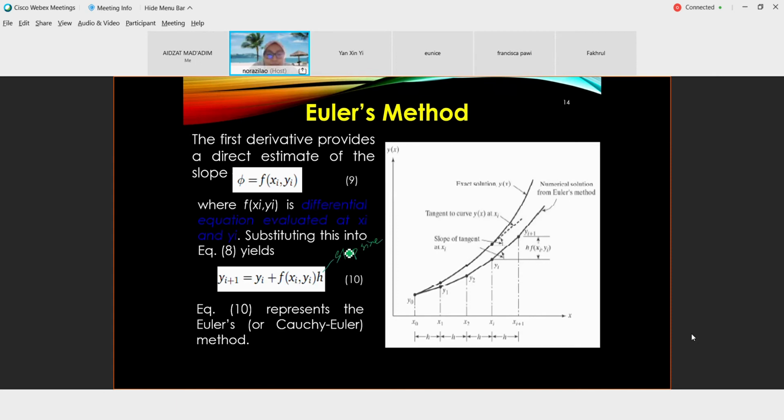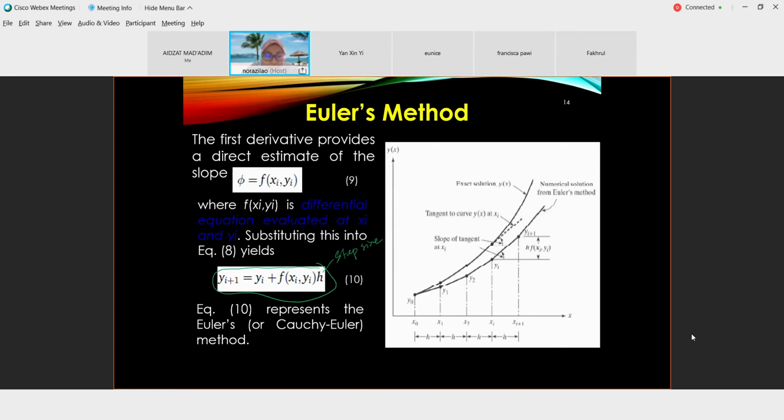Please highlight this equation for the Euler method. If you use a module, please check this equation and highlight it. If you use a textbook, please highlight it in your textbook.